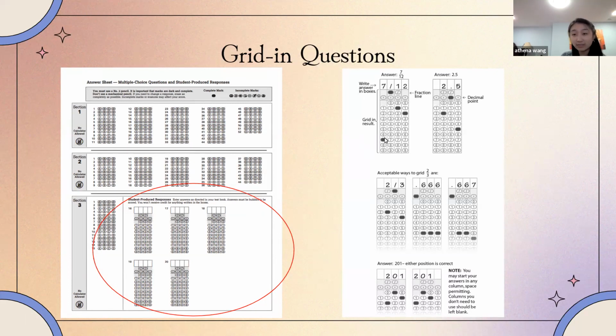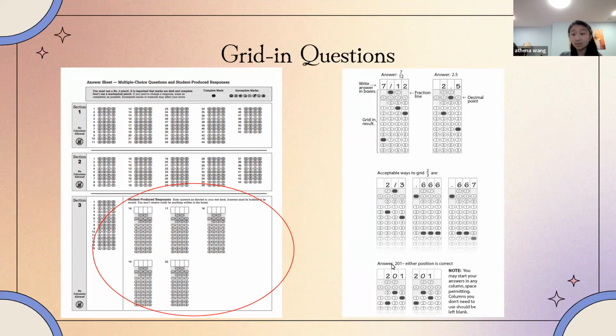Over here, there's 7 divided by 12, and you bubble in each digit and the fraction symbol. You can also write it as decimals. You can round it. Acceptable ways for 2 over 3 would be 2 over 3, 0.666 or 0.667. So the rounding doesn't really matter in this case.